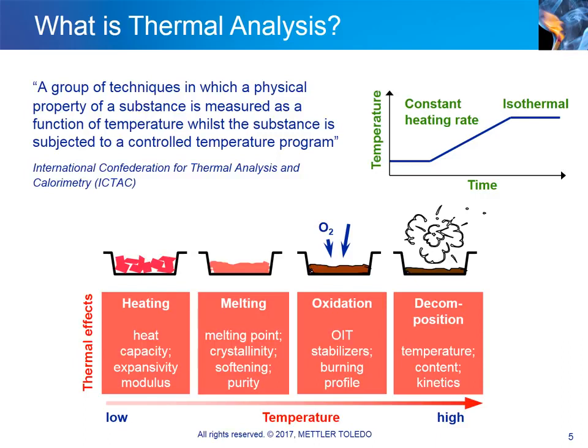The oxidation induction time or temperature, OIT for short, can be determined in an oxygen atmosphere. OIT is a commonly used parameter for characterizing the stability of oils and polymers. Thermal analysis techniques are used to investigate all of these effects.